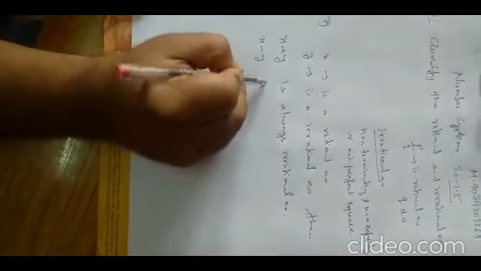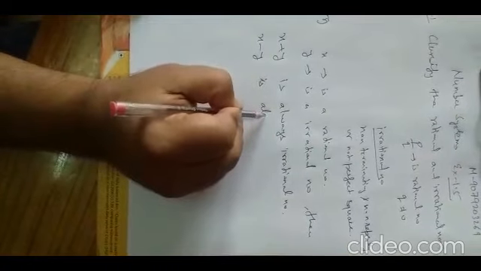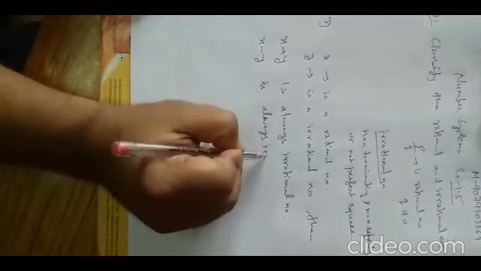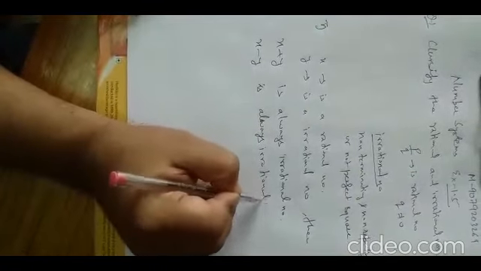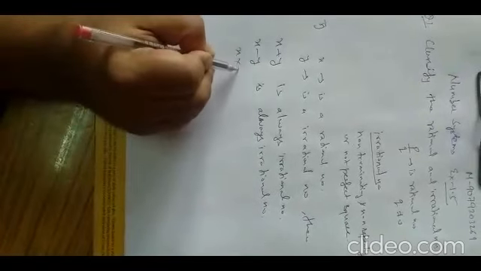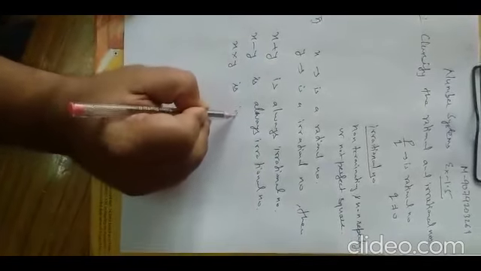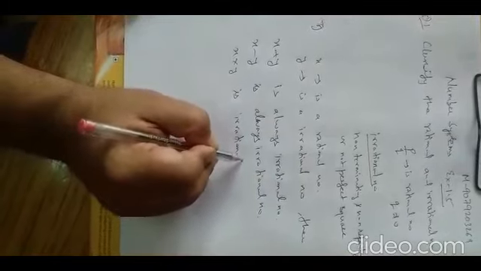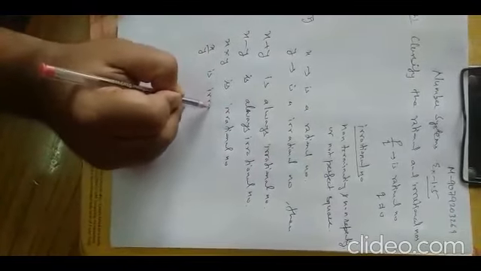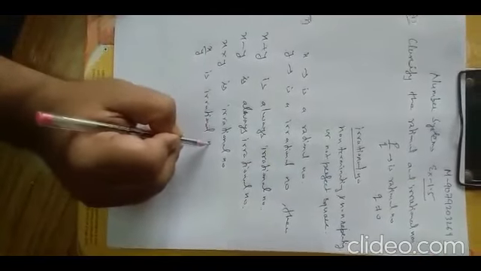Similarly, x minus y is always an irrational number. X into y is always an irrational number. X divided by y is an irrational number.